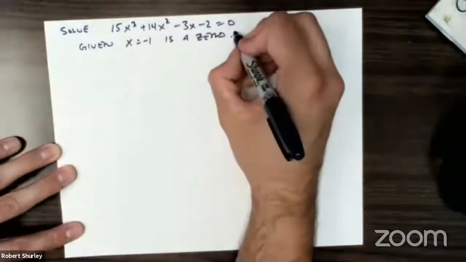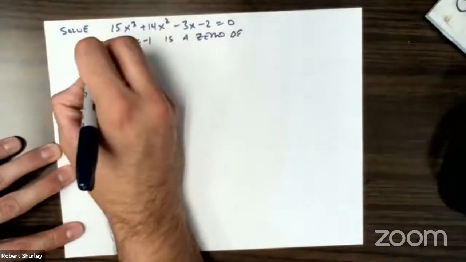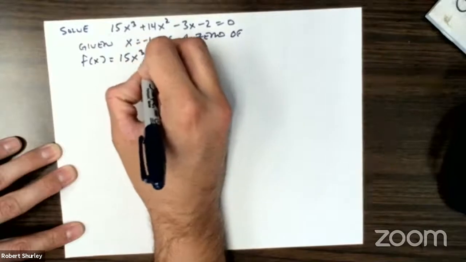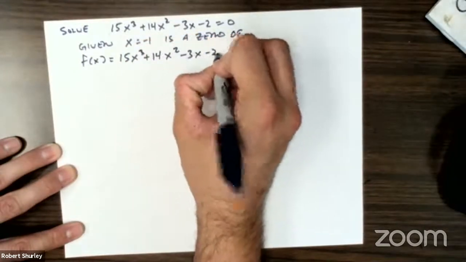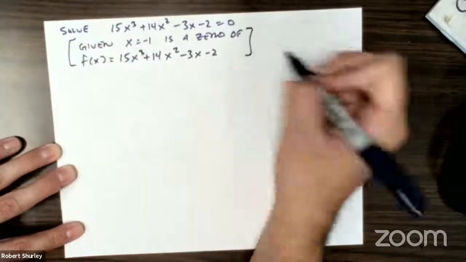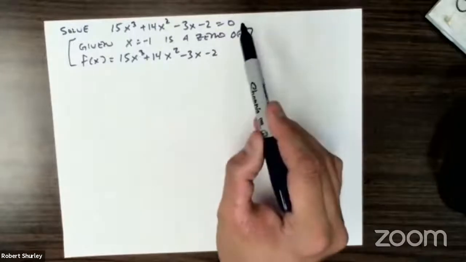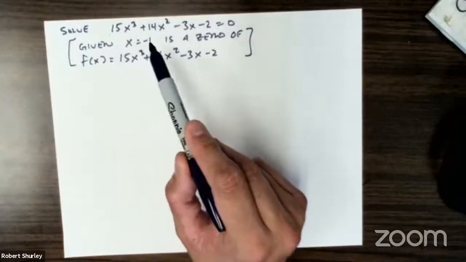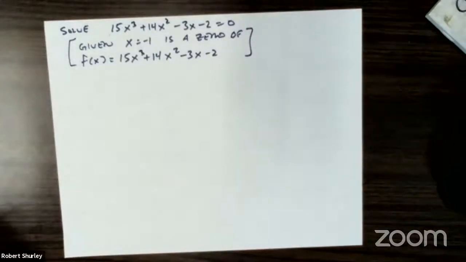Now it writes this as a function, f of x equals 15x cubed plus 14x squared minus 3x minus 2. So this is our hint. We've got this equation, and it says, solve this given we know that -1 is a 0 of this function.